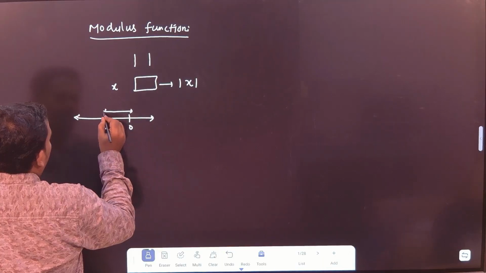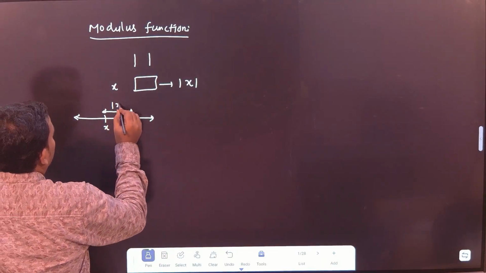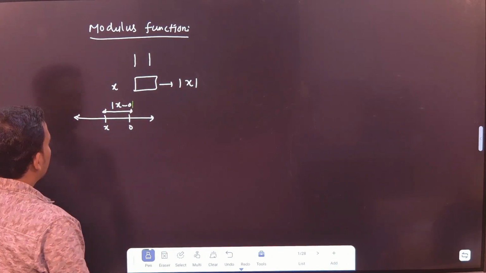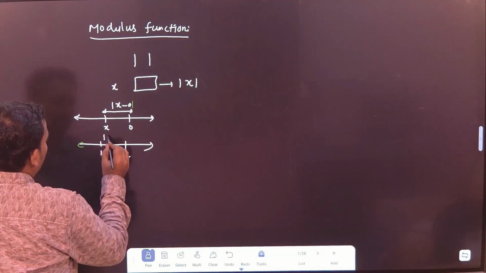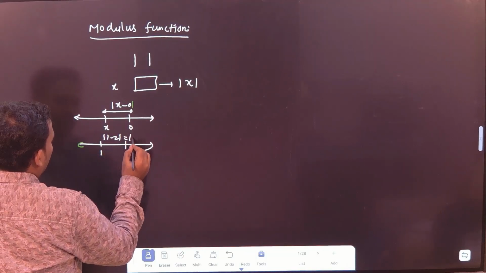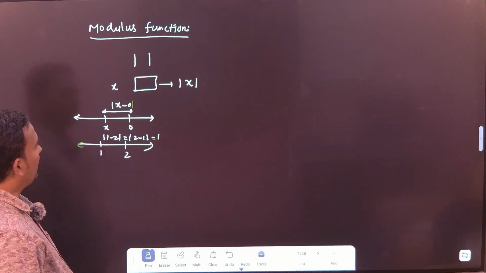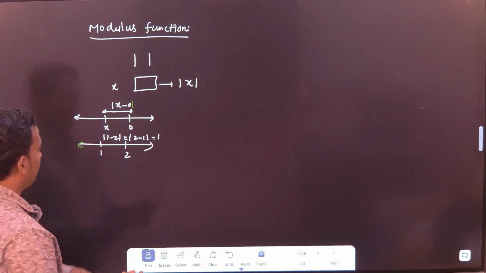The mod x is the distance from the origin to x, where x may be any real number. So for example, if I take 1 and 2, the modulus of 1 minus 2 is the same as 2 minus 1, which is 1, right? Okay. So let us take the definitions here.